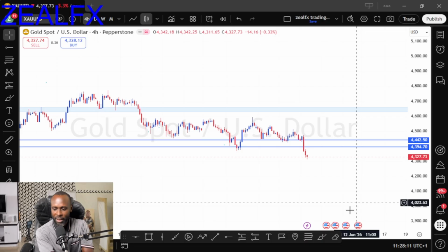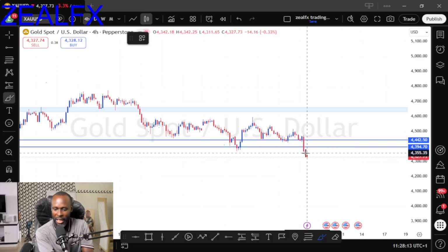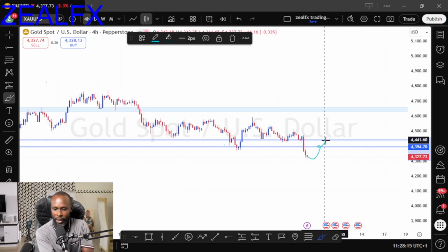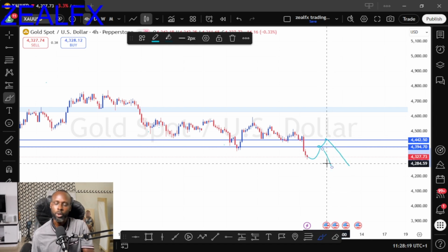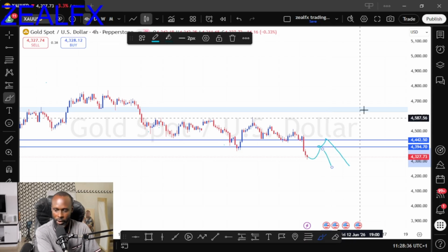So long as we have these areas that we just plotted, expect price to retest this area before we start looking for our possible sell for the gold USD. So long as we have this clear structure, we don't want to go against it. We have to focus our attention on the selling opportunity from the lower time frame, because the lower time frame gives you low risk while trading. So let's keep looking for more sells on the gold.